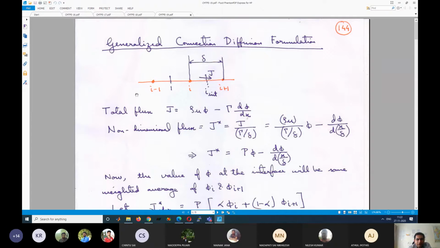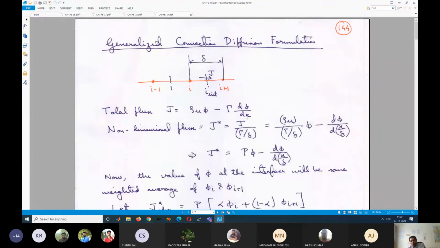So if the coordinate axis goes with increasing values from left to right, flux is calculated in this direction. It can be positive or negative. If the actual flux is in the other direction, J will be negative. If the actual flux is in this direction only, J will be positive. And let the distance between the two grid points be delta.